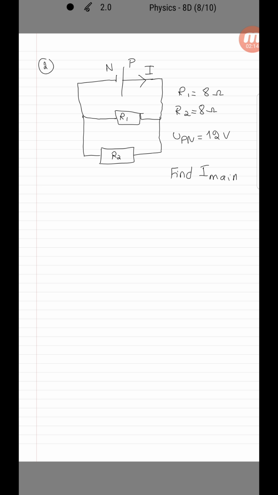So according to Ohm's law, U equals R times I. In this case, U main equals R equivalent times I main. I have UPN equal 12 and I need to find I main. So I need to find the equivalent resistance R equivalent.